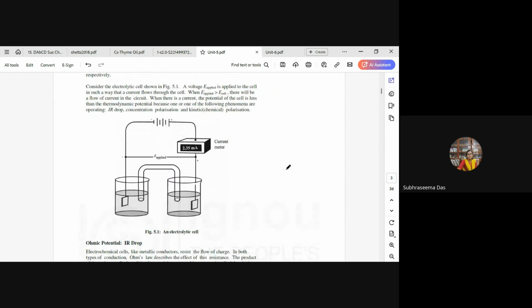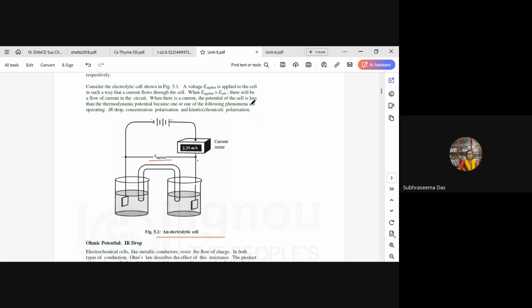In figure 5.1, a simple diagram of the electrolytic cell is shown. A voltage, E applied, is applied to the cell. When this E applied is greater than the potential of the cell, there will be a flow of current inside the circuit.